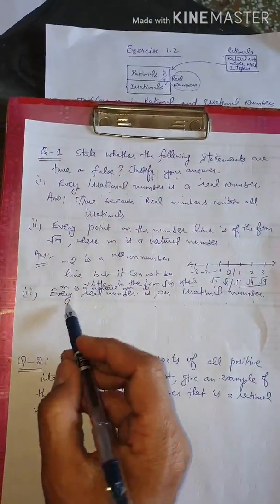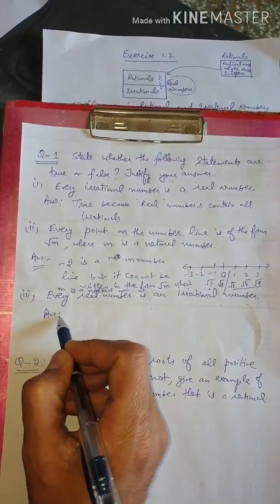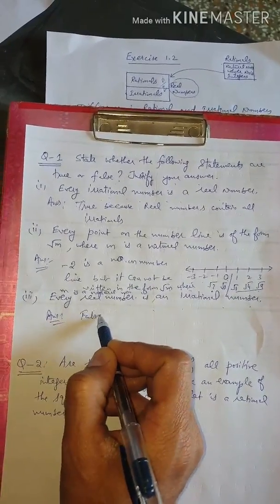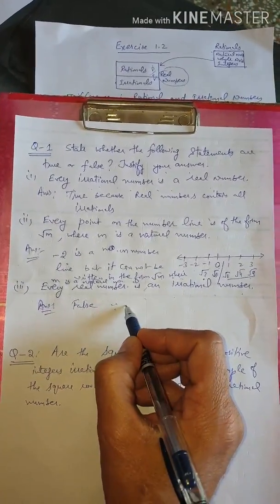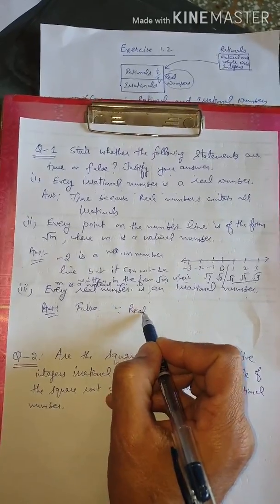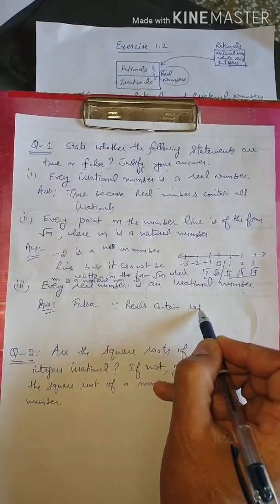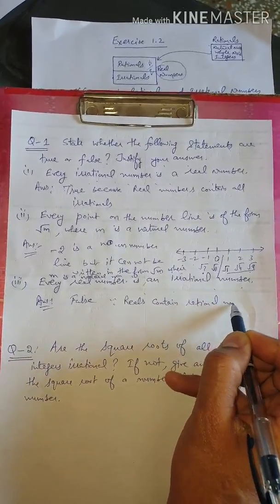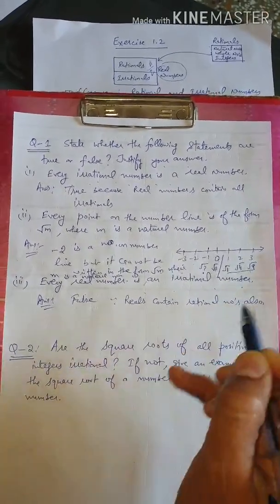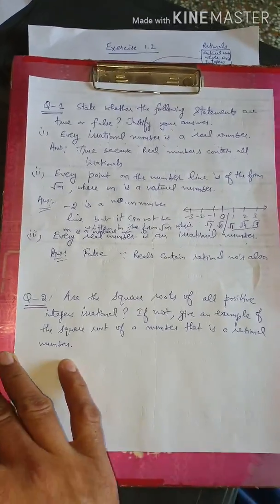So very clearly you can say it is false, because you can give the reason here. Reals contain rational numbers also. This is our question number 1.